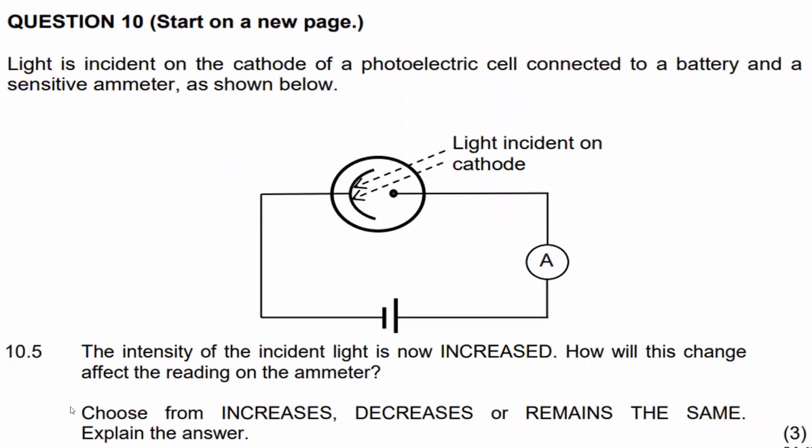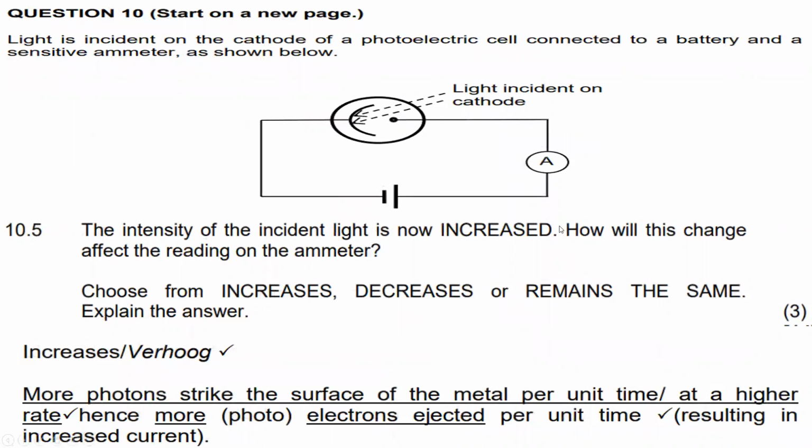So now they're asking: the intensity of the incident light is now increased. How will this change affect the reading on the ammeter? They are asking how it affects the current. So increased intensity means, okay, let's give the answer straight. Their answer is that the current will increase.